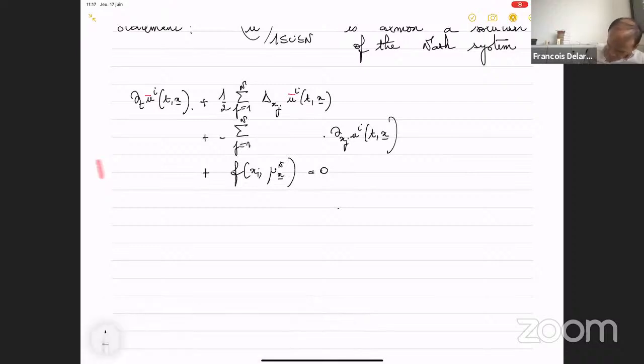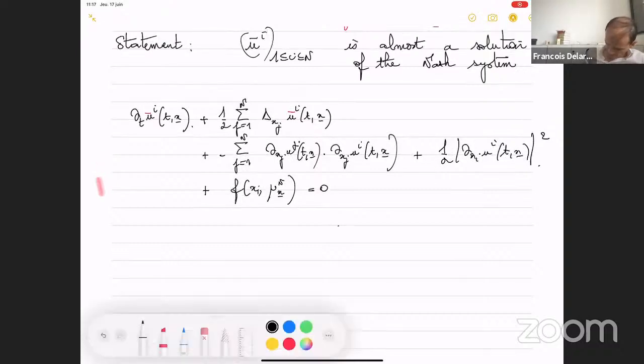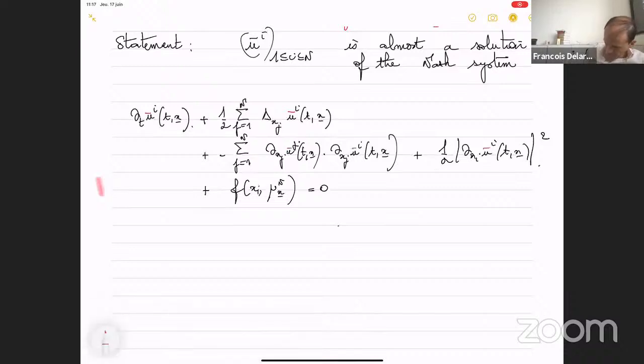So this is minus dxj ujtx underline and plus 1/2 dxi uitx underline squared. So this was the Nash system. And now what we are doing is that we put a bar on this. So we put a bar here, here. Okay, and so this is not a solution of the equation. Oh, for sure, this is not, but this is almost a solution.